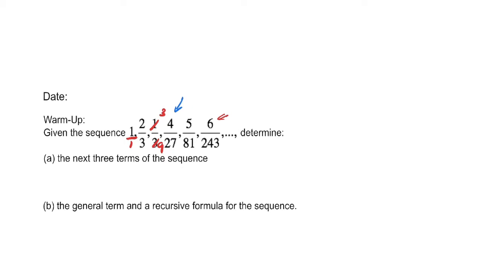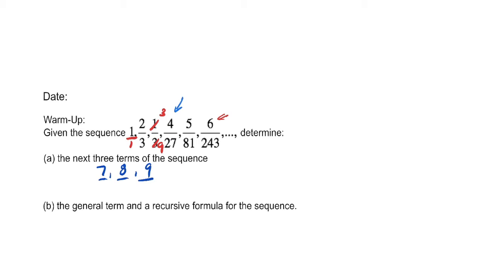So we can see that the next three terms in our sequence might follow that pattern of 7, 8, 9. And in this case, what's our denominator? Our denominator is going 1, 3, 9, 27. So it's going by multiples of 3.